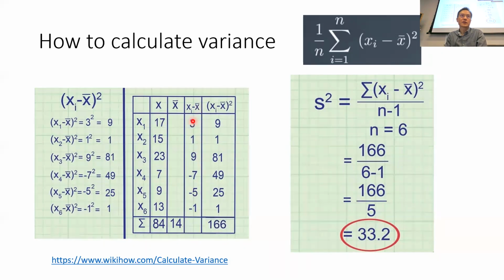To compute this, you use each data point minus its mean. So it's how far away the expression of this gene in that cell is from the average. And then you square it and take a sum. So that's the variance, the variance of expression of this gene in the 6 cells you are considering. Okay. The variance is 33.2 here.